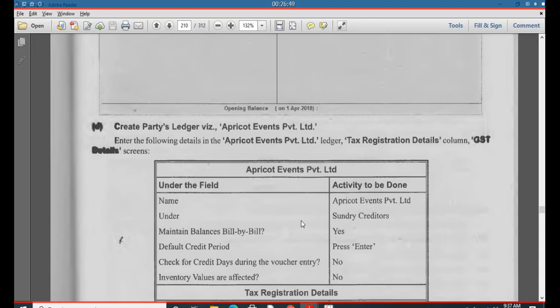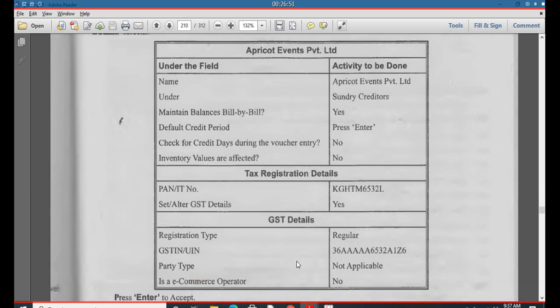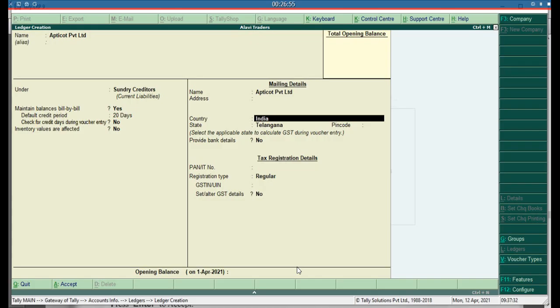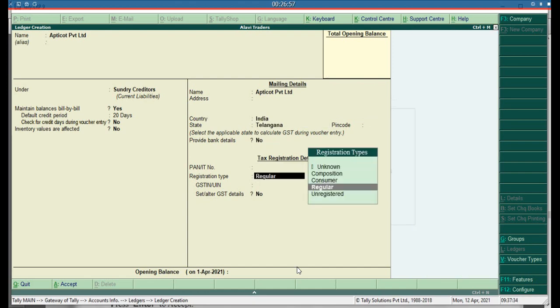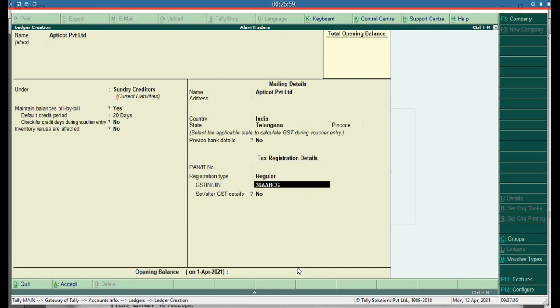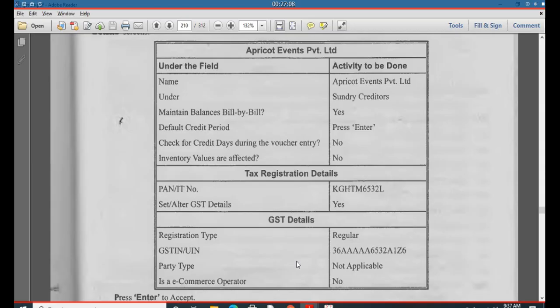They are from which state? Hyderabad only. GSTIN 36 AABCG 2838 G1ZQ. So that is also done.